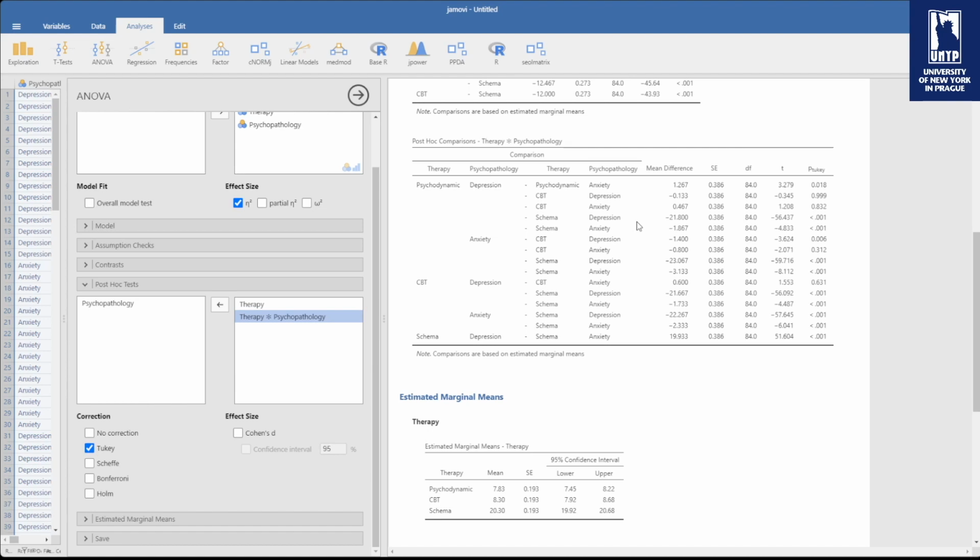If the hypothesis of our researchers would be that there would be a significant difference only between people that are doing CBT while depressed and people that are doing schema while depressed, then you will need this post-hoc comparison with the interaction effect, where you will have CBT depression and schema depression, and it's significant. So in that case, it will be confirmed. So don't worry about it.